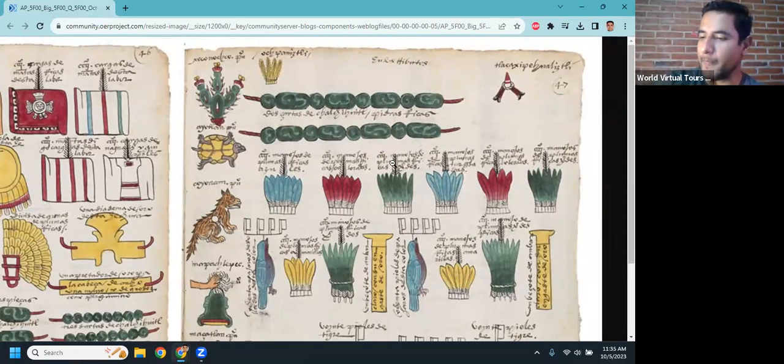Again, we see the Latin writing because, again, these documents were made during the colonial times for the Spaniards to understand the system of the Aztecs and also for the Spaniards to ask taxes for the new conquered people. We see a sample of that in a few moments.